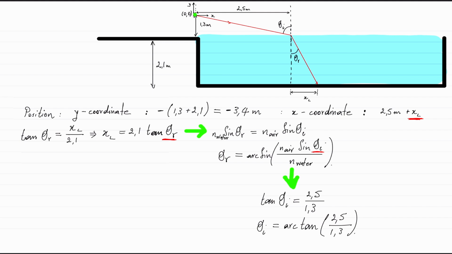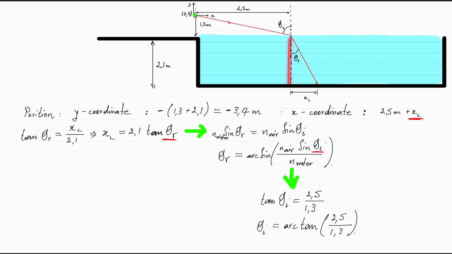So notice, although we were asked to find position, now we are narrowing our problem down. We have determined the y-coordinate. What stands in our way is this x_L, the x where the light beam hits the bottom of the pool, which is now our new target. So how can we determine this x_L? Well, this x_L is actually the side opposite to the angle of refraction.